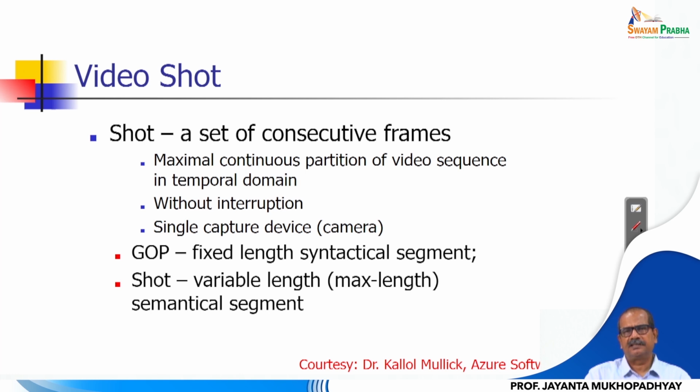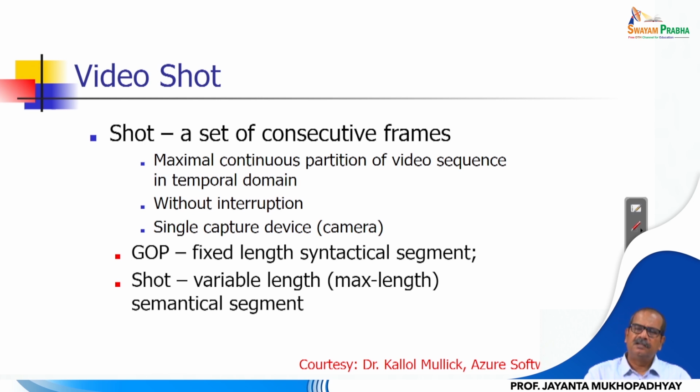In that case, there are multiple cameras for taking the videos of a sport. But when we are transmitting the program as a broadcast video, at several time instances there is a transition from one camera to another camera.